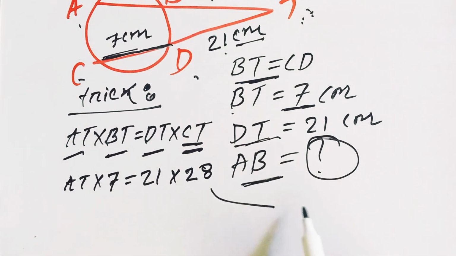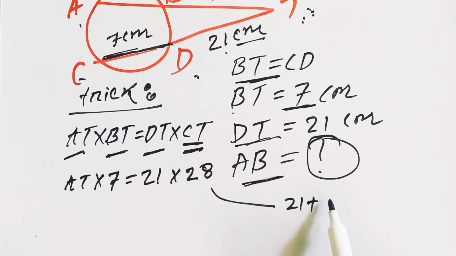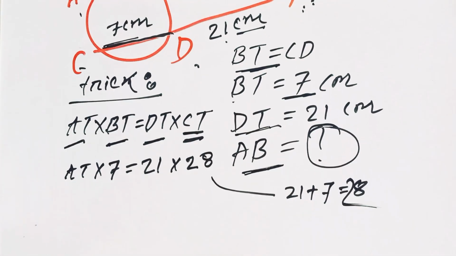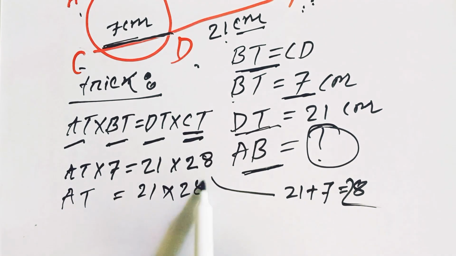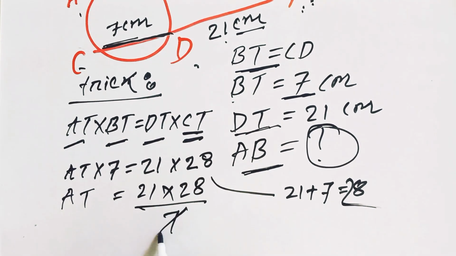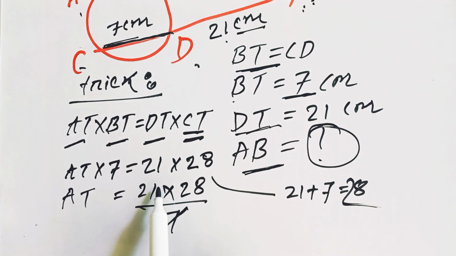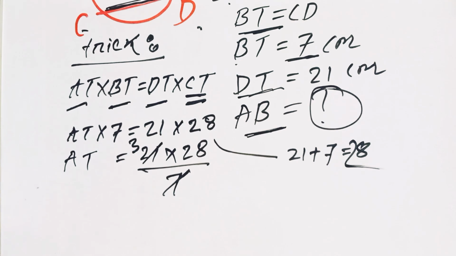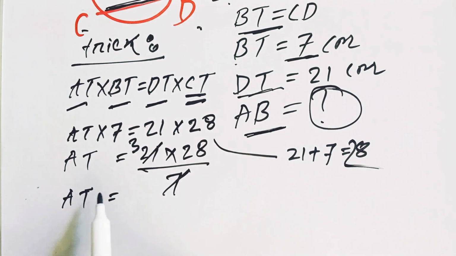That is why here we should have to add, so the value will be 28 centimeter. So AT equal to 21 into 28 by 7. So AT equal to 84 centimeter.